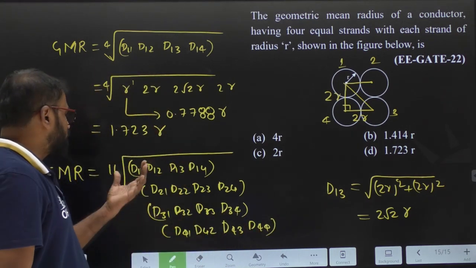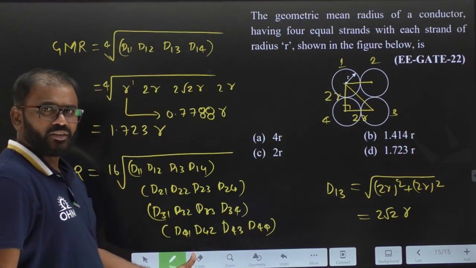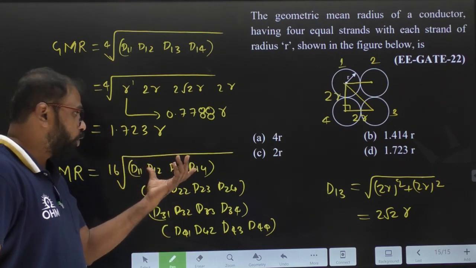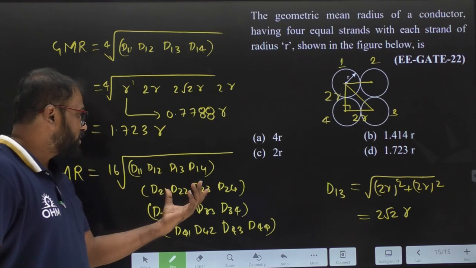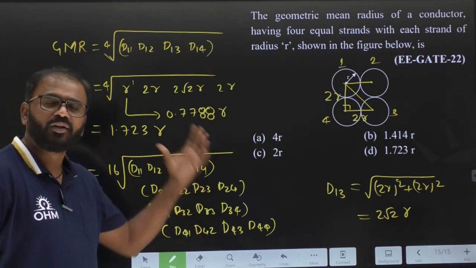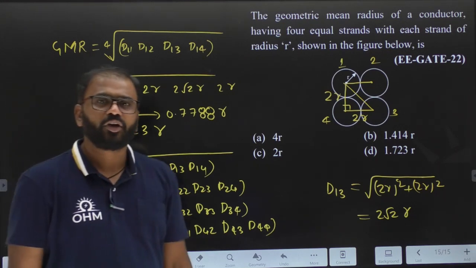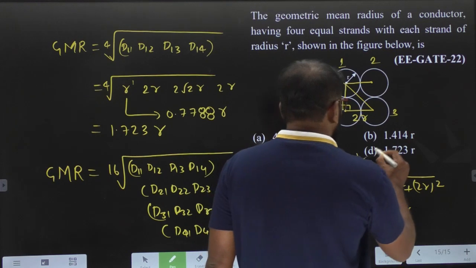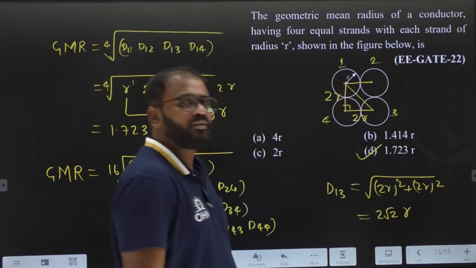Total 16 terms, 16th root. Again you solve like this, and 100% you will get the same answer, because these sets of 4 terms have the same values. Okay, clear? So finally the answer is 1.723 R. So option D.